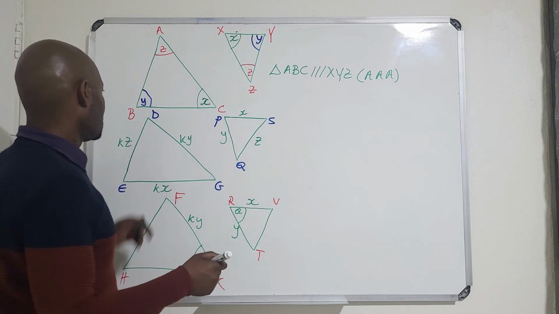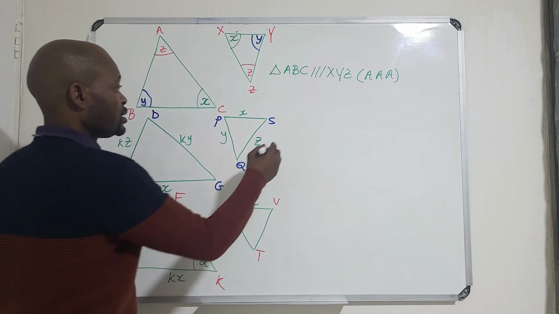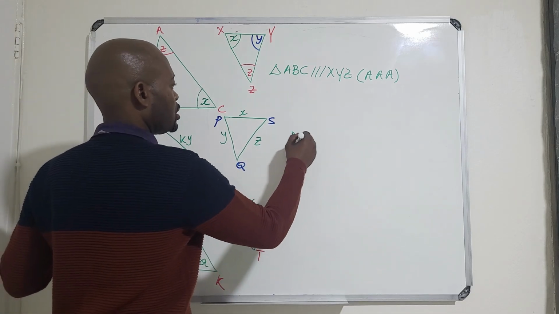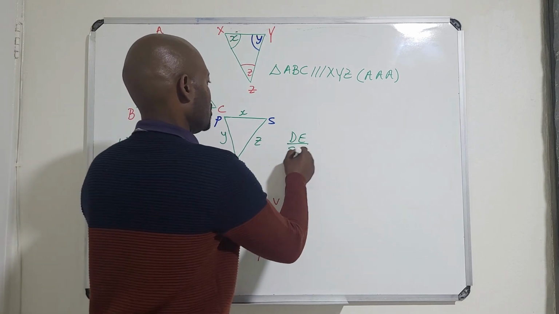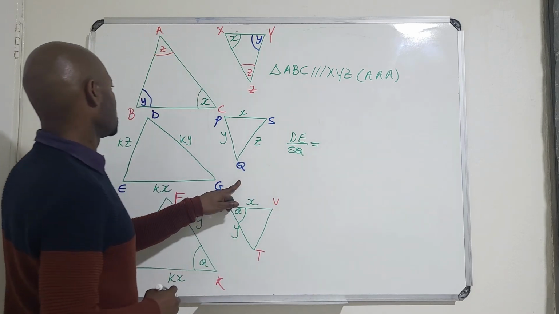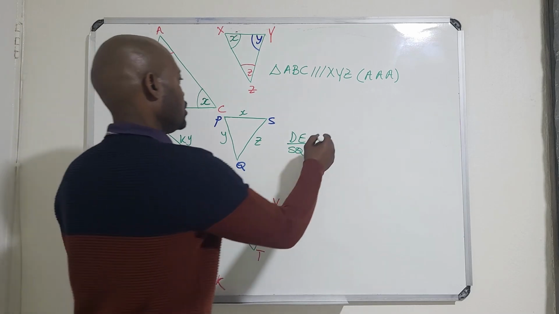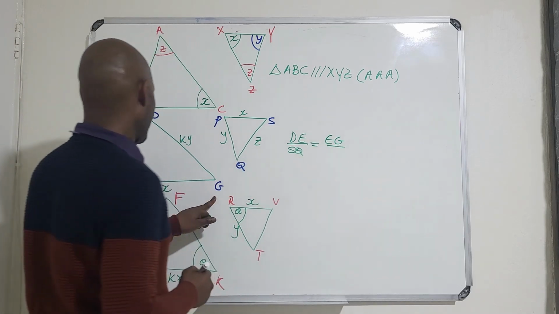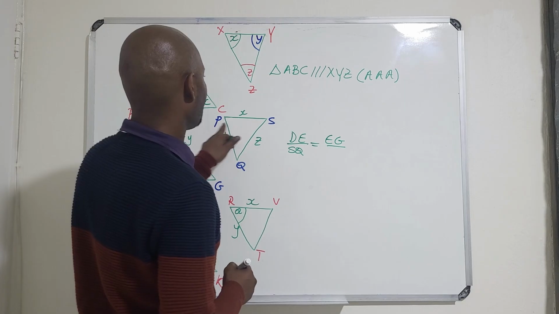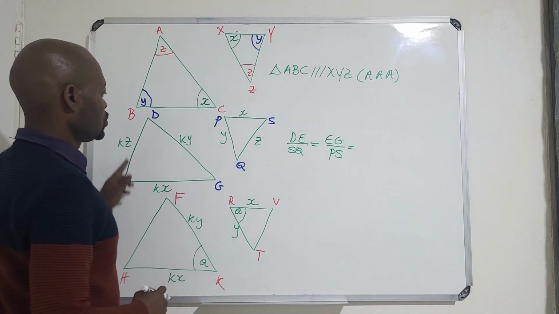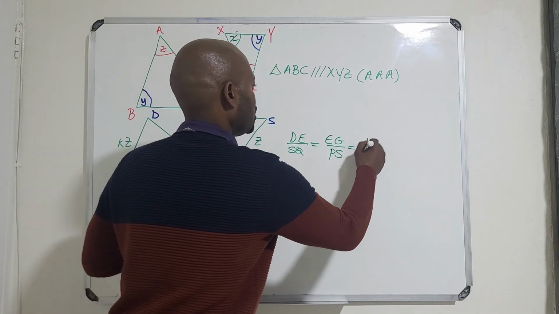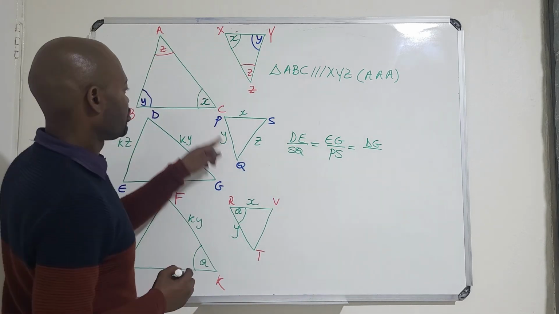For example, DE over SQ is equal to EG over PS, which is equal to DG over PQ.